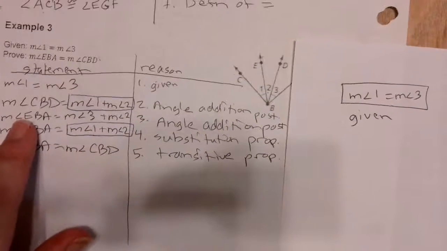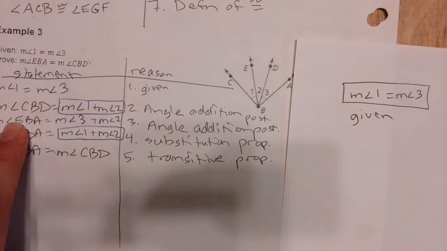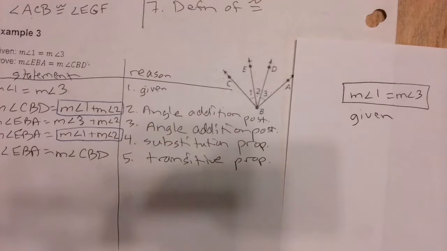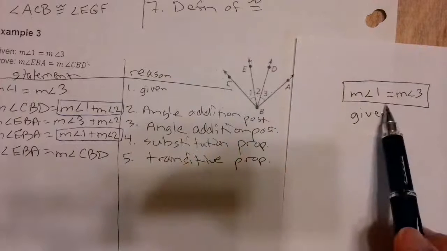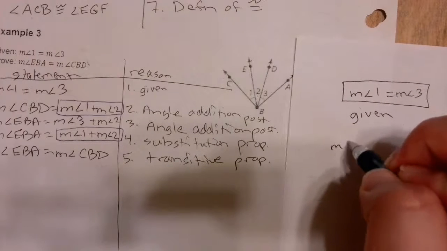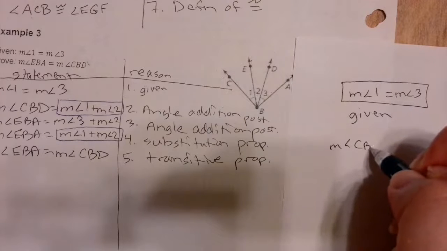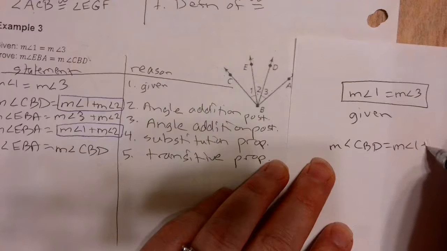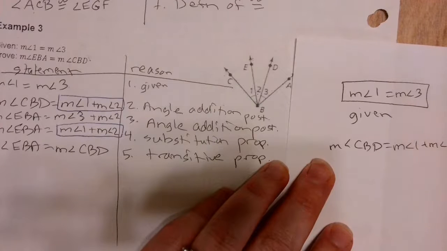Now line 2, though, was not a given. It used the angle addition postulate, but I mentioned it earlier. Angle addition and segment addition are kind of ones that we just got from the picture. It didn't come from the given. It came from the picture. So they actually get their own line. The measure of angle CBD is equal to the measure of angle 1 plus the measure of angle 2.